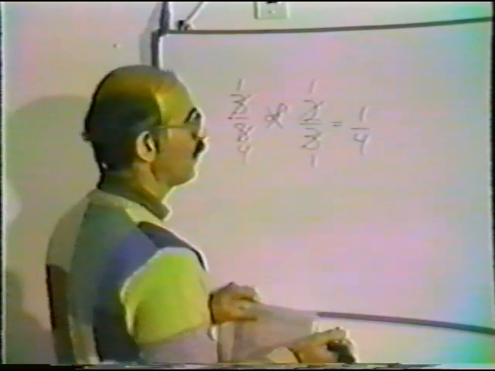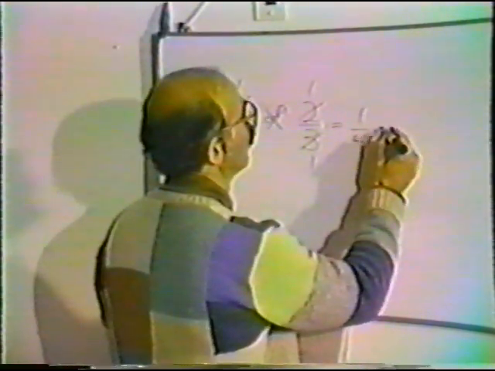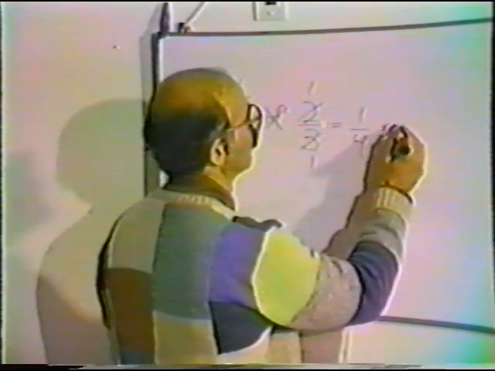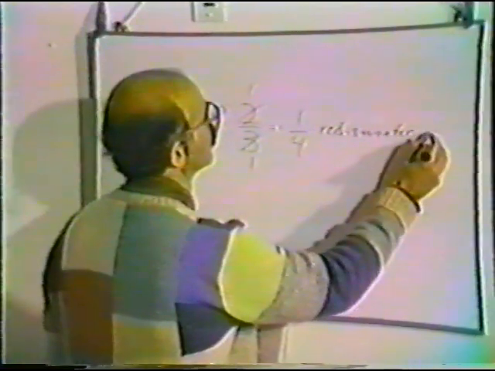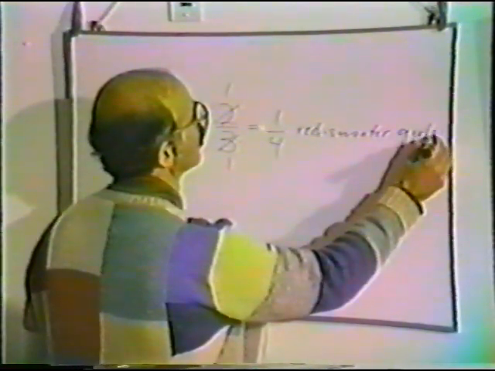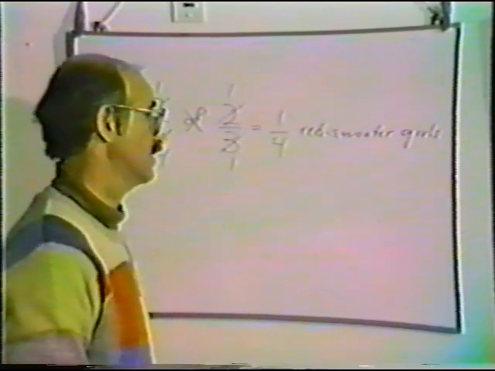That means 1/4 of the group was girls with red sweaters.